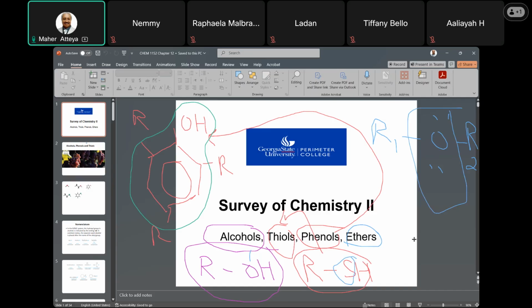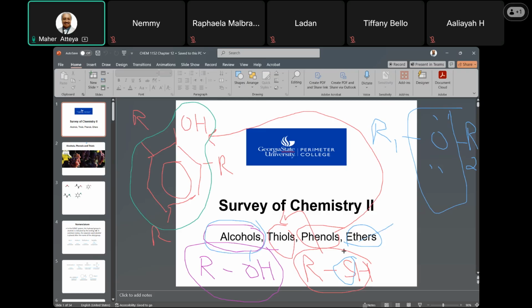You have sulfur. Now, the good thing about them is polarity, so they can differ in physical properties. The alcohols in general, the smaller molar mass alcohols and thiols, where the molecular mass is not that big, those are polar.